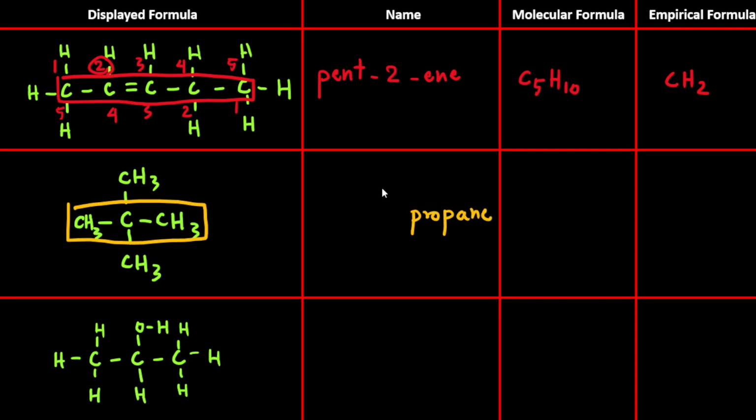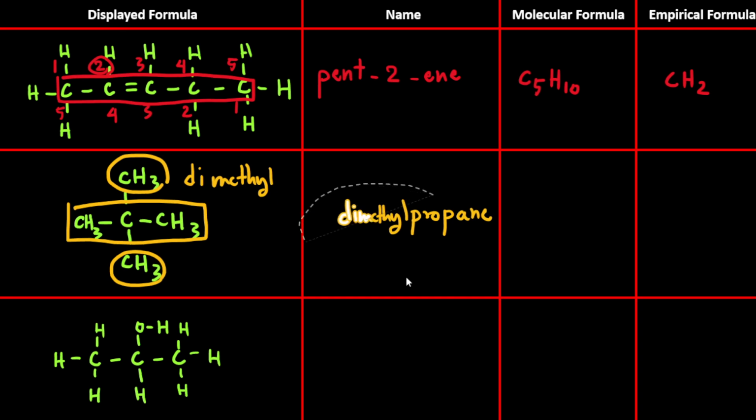Now, how many methyl groups do I have? I have 2. I have 1 here, I have 1 here. So normally we would write it as methyl, but since we have 2 of them, we will write dimethyl, okay? So let's just simply put dimethyl here, okay? And that's not all yet. Where is this dimethyl located?